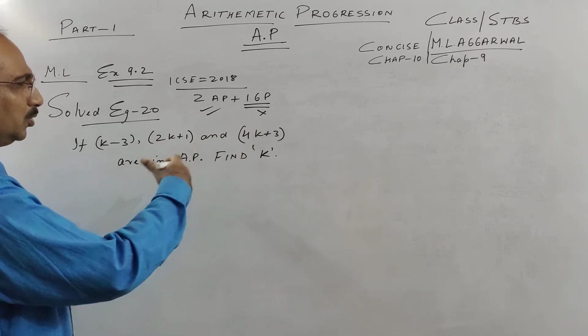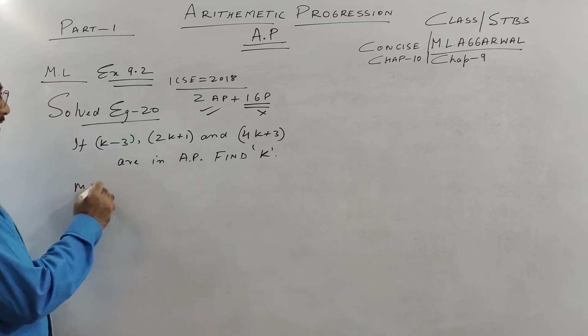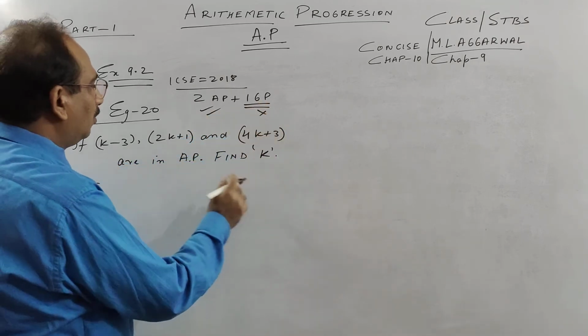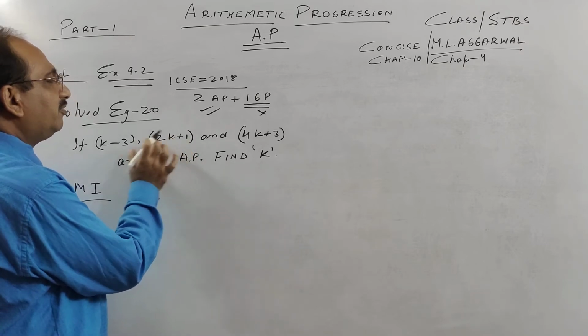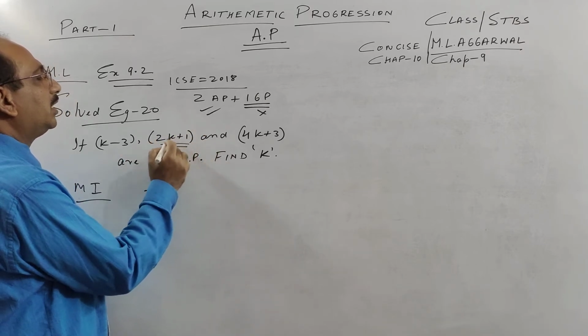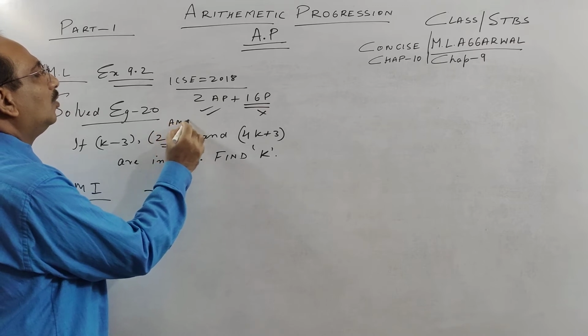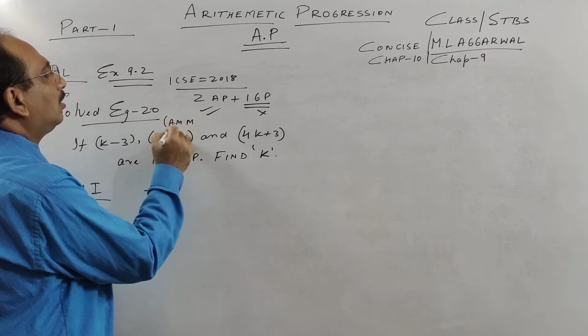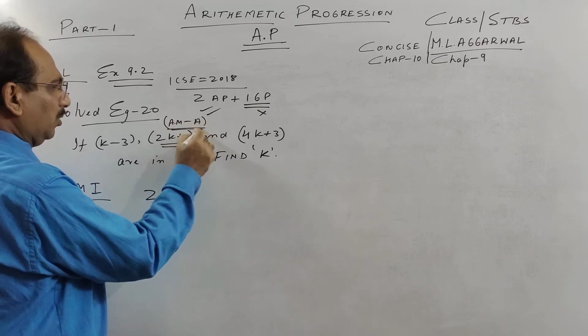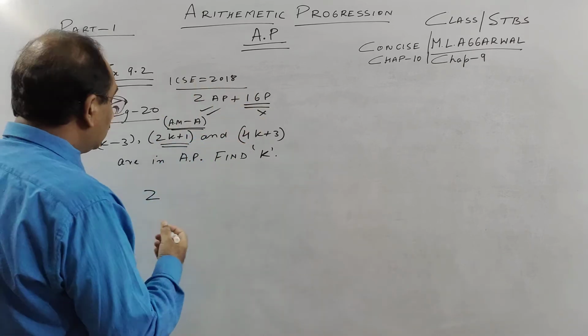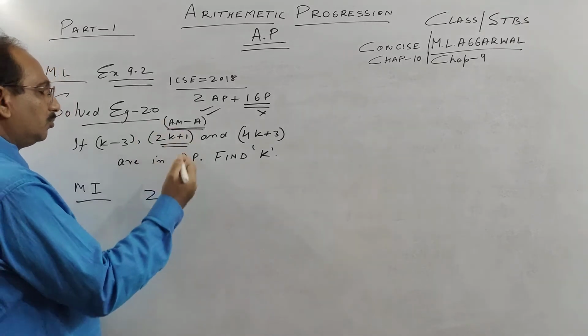So what we do, I'll use 2 methods, children. Method 1, what I taught you just now, the middle term. If 3 terms are there, then this is the arithmetic mean, AM or simply A. This arithmetic mean formula will help you to do sums in class 11 also, because you will study more there.